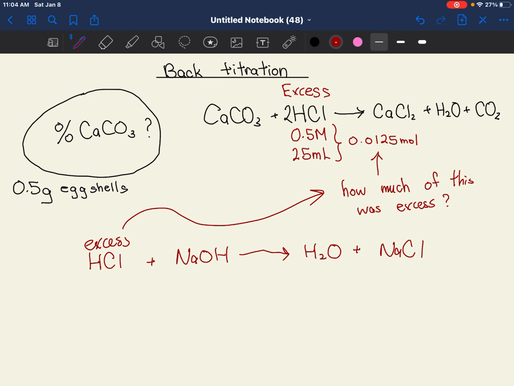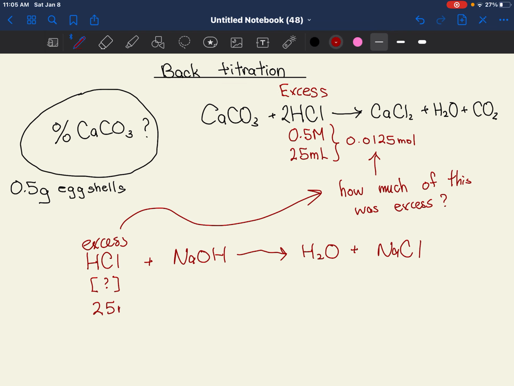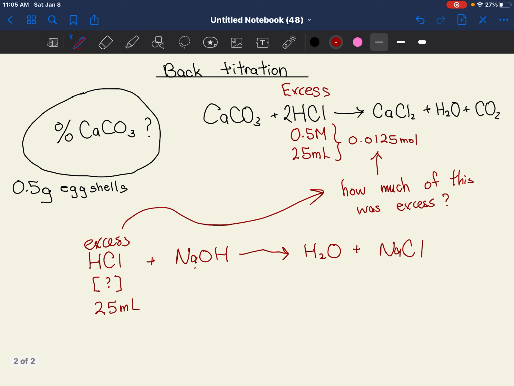Okay, so again, I'm looking to see what the concentration of this is. I know for a fact that the mixture of these is 25 milliliters of stuff. I'm going to titrate it with 0.5 molar NaOH. I tend to go a little higher than or the same.